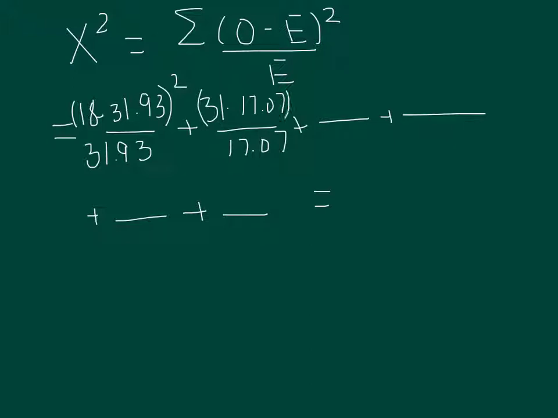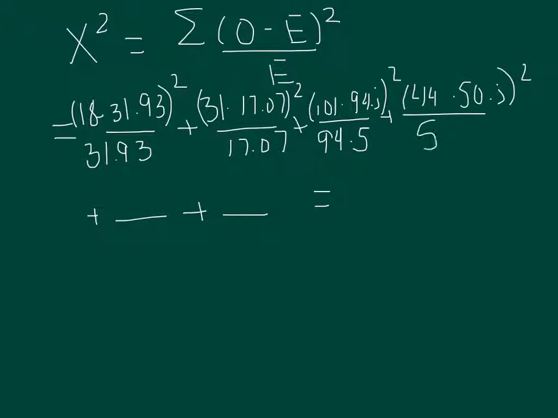Don't forget to square this. You'll do this for 101 minus 94.5. You'll square it, divide by 94.5. You'll do this for 44 and 50.5. You'll square it, divide by 50.5. And keep doing this. This one's going to be 62.57, and this one is 33.43. So you have all that stuff.